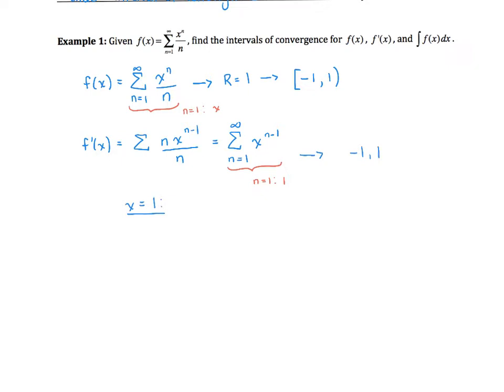So when x equals +1, that's going to be +1 to the n minus 1. So that is just 1 plus 1 plus 1 plus, that diverges pretty clearly. So +1 does not come to the convergence party.